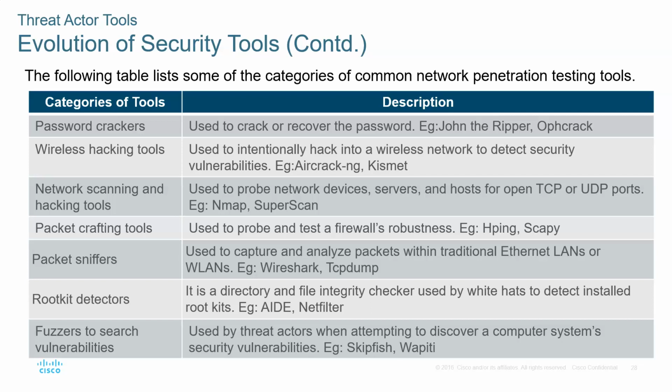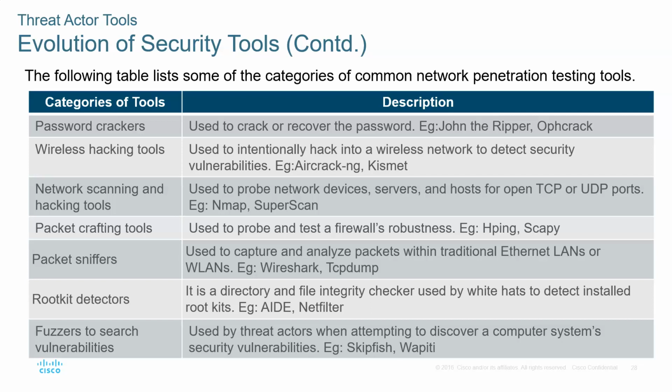Packet sniffers are like Wireshark, for example, that eavesdrop on the data traversing the network. If you have any data traversing the network unencrypted, you'll be able to see it. Then you've got rootkit detectors. These are mainly used by white hats to detect if any rootkits have been installed on your system.